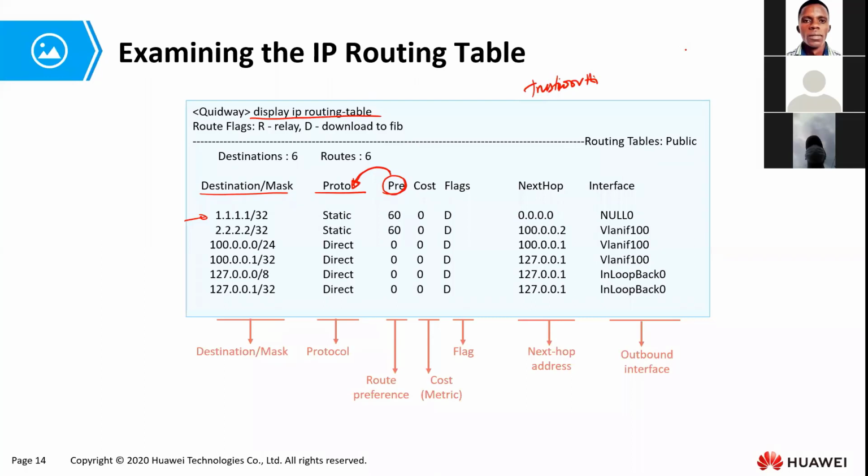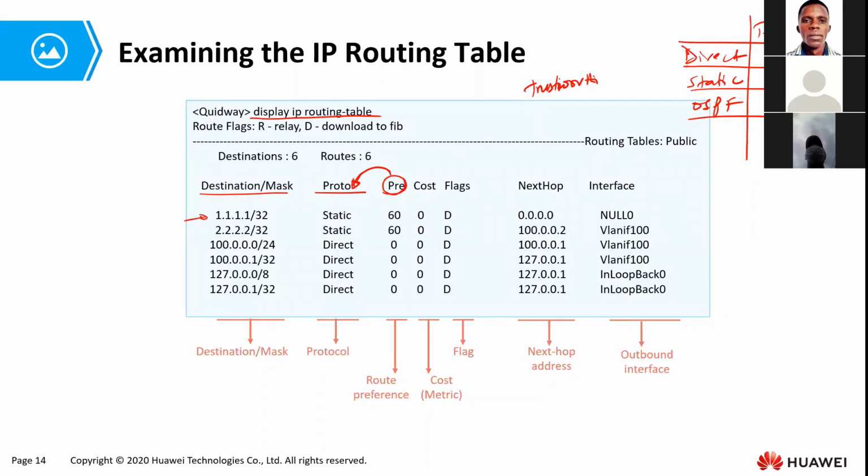Yes, I've told you we have direct, we have static, we have dynamic. In dynamic, we are going to particularly talk about OSPF. Okay? So three ways to learn a route. Now, trustworthiness. How much do you trust each of these?